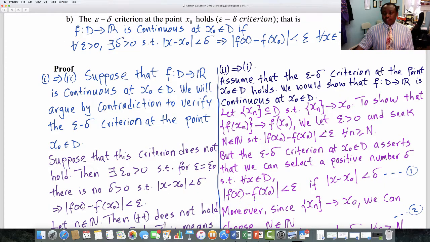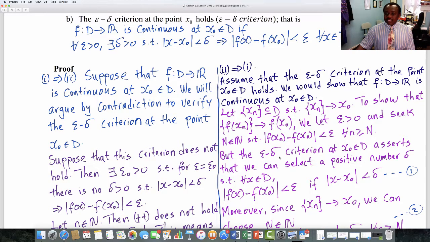All we have to do here is let epsilon greater than 0 be given, and we find a natural number N such that the absolute value of f of xn minus f of x naught is less than epsilon for every n greater than or equal to N. Recall the epsilon N definition of convergence back in chapter 2. So that is what we are using here.